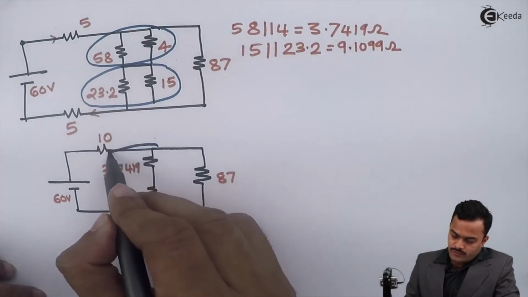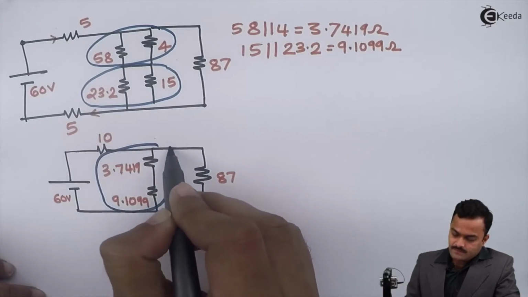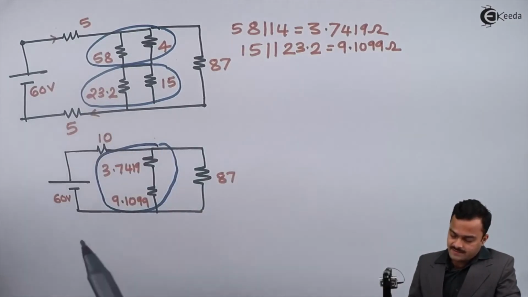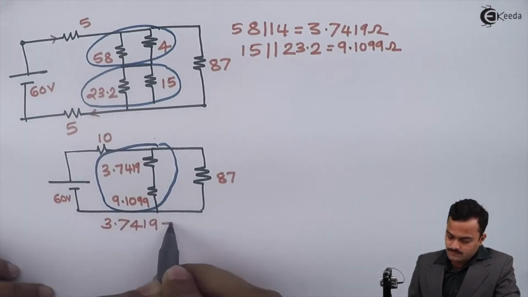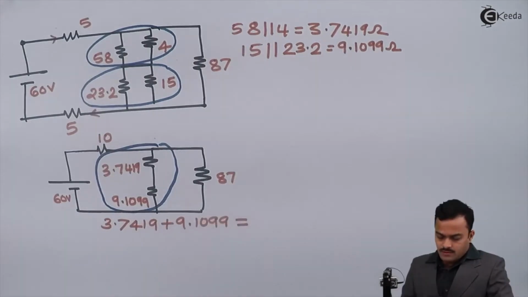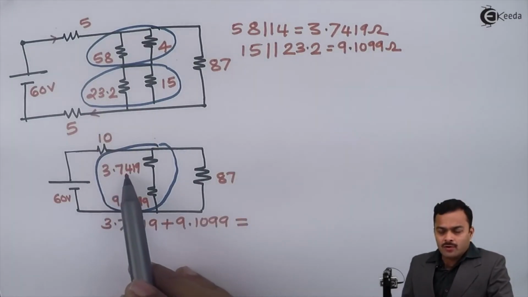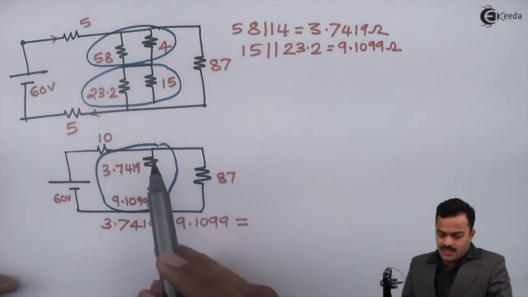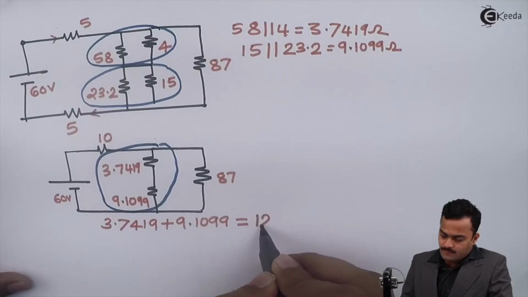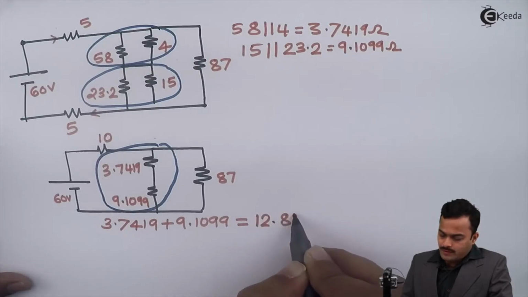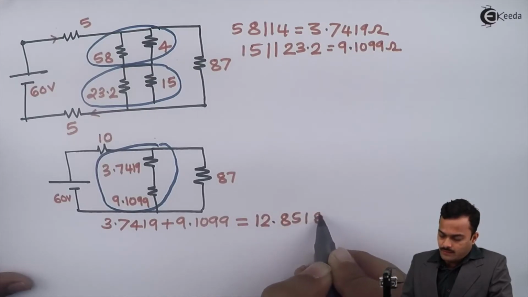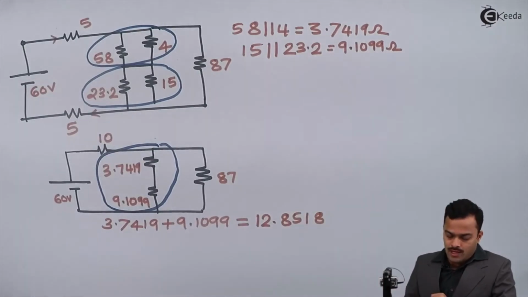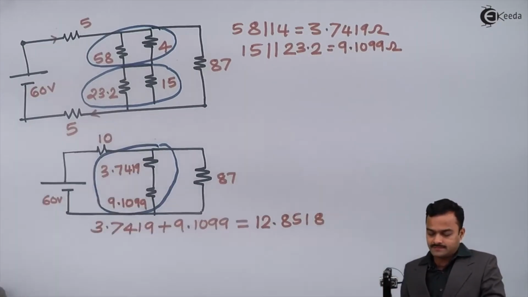Now these two will be in series, and the series combination I will get 3.7419 and 9.1099 will come in series, and that will give you answer 12.8518. So now the circuit will look like this.